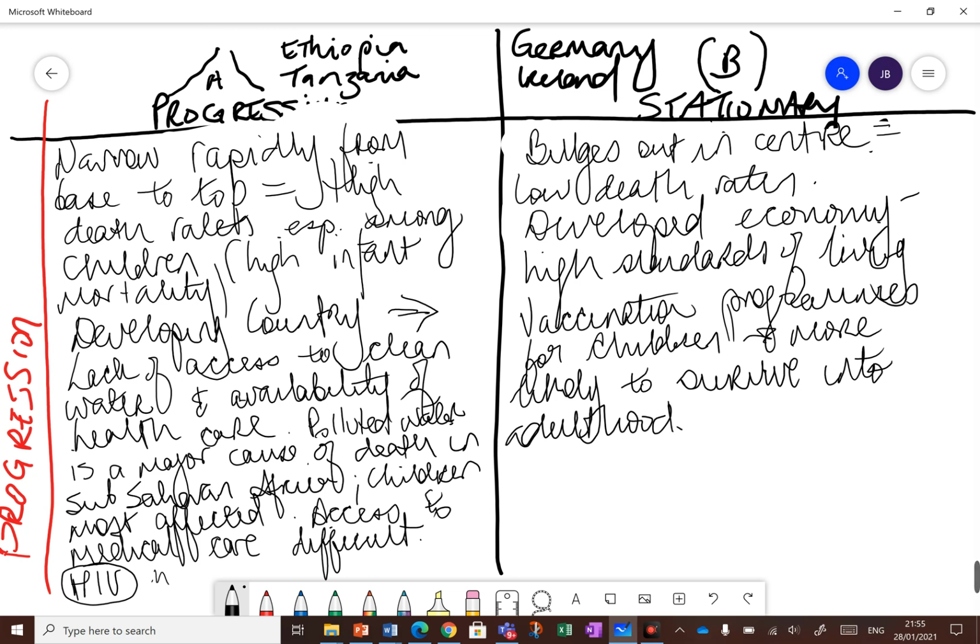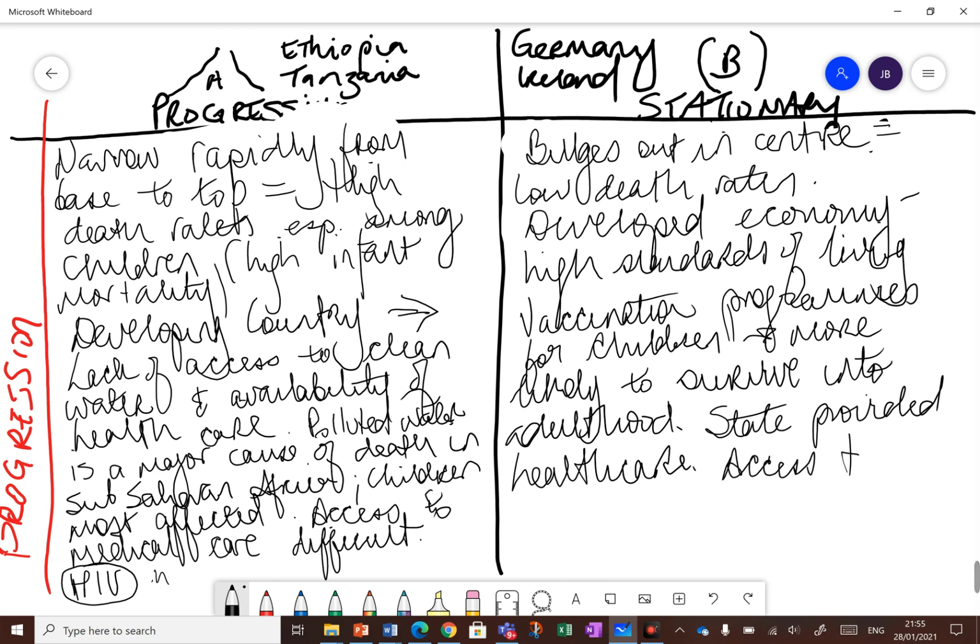There's also, what am I trying to say? Social services available. There's a word for that I can't think of. So state provided healthcare. So access to clean water and sanitation. And also more sophisticated healthcare.